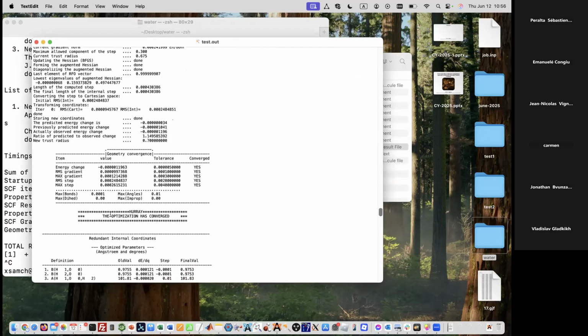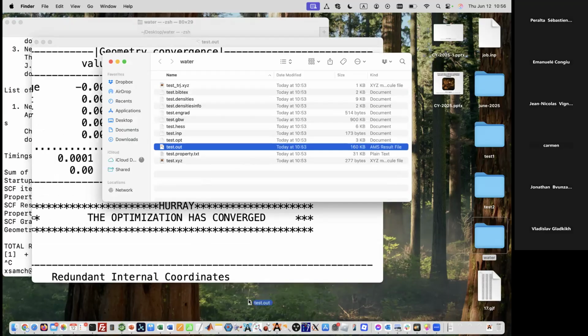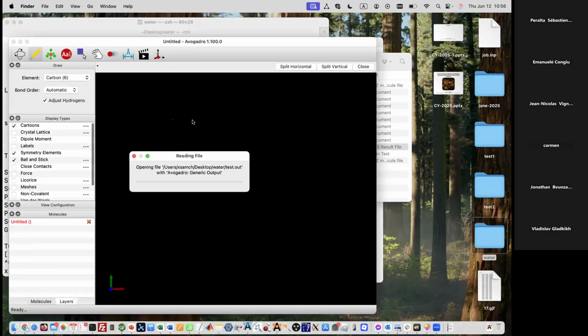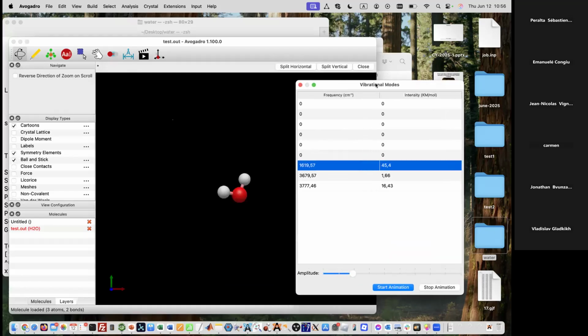So you can see the optimization was converged, which is nice. And then we can confirm the vibrational frequencies, all positive, so we arrived at a local minimum.